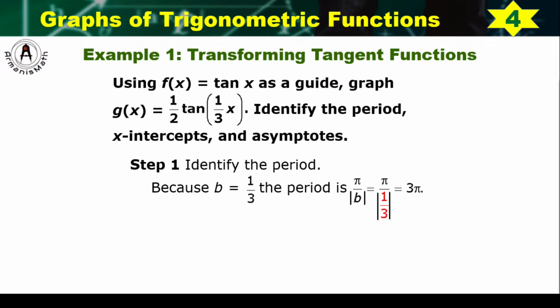So pi divided by 1/3 becomes the reciprocal, 3 pi. So every 3 pi there is a period, meaning I have to finish the whole wave in 3 pi. Well, that's unusual because the parent has only 1 pi to finish. That's fine. This is apparently a wider tangent child.